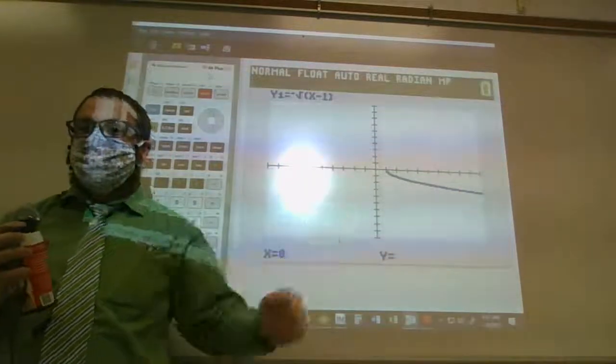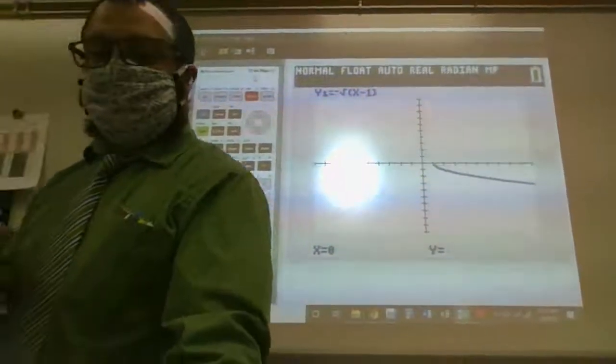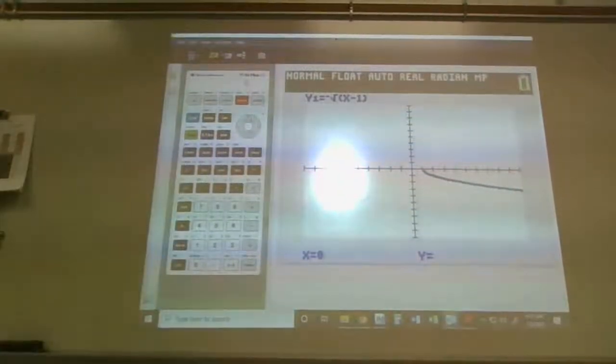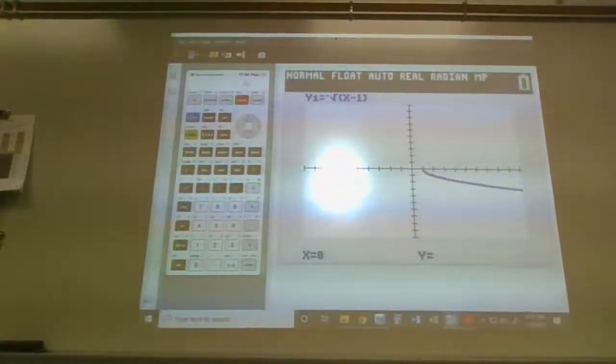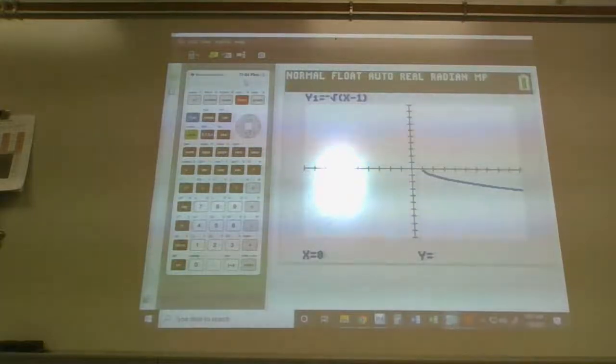Kinda? Okay. Is that what happens on your calculator, or does something else pop up? You go to y equals, you type in the equation, and then you hit graph.